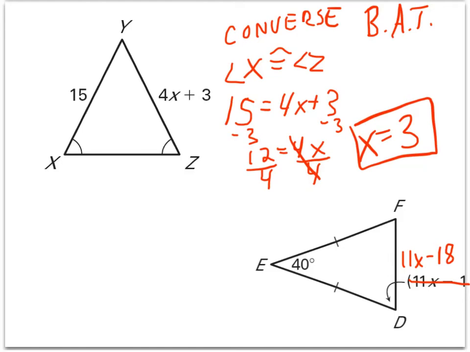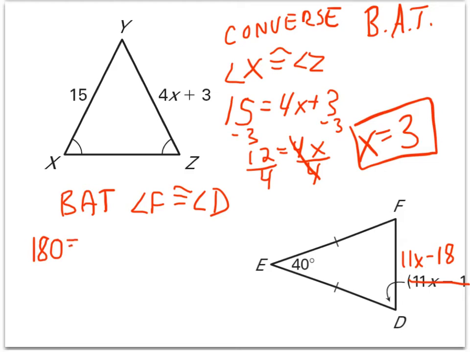Now, this example has us using a couple different things, because we notice that we do have two congruent sides. Using the base angles theorem, we can say that angle F is congruent to angle D, meaning they're the same measures, but we don't really have measures for those. We know that the insides of a triangle add up to 180.